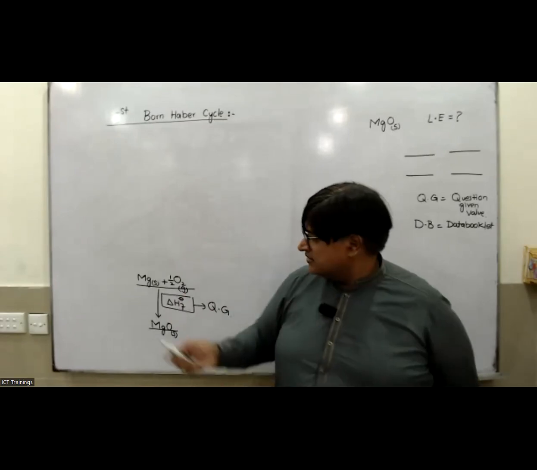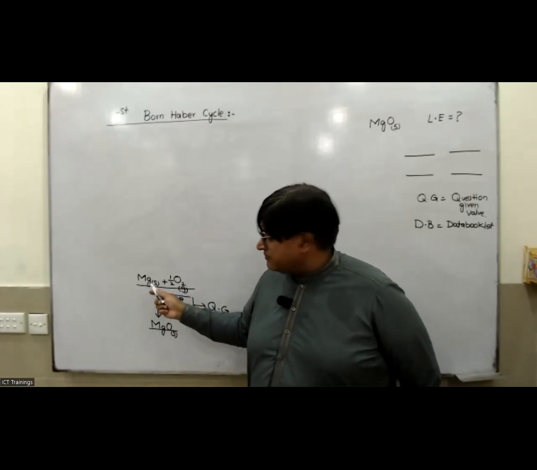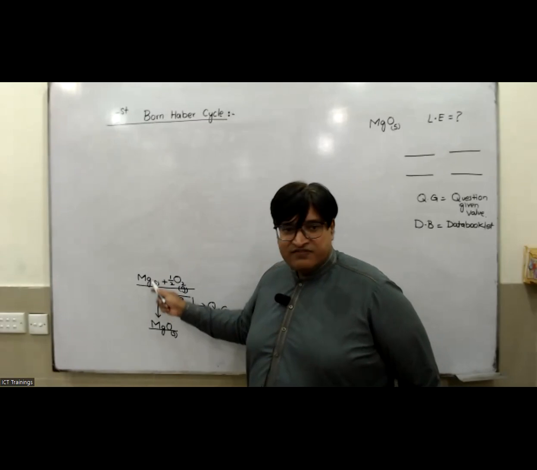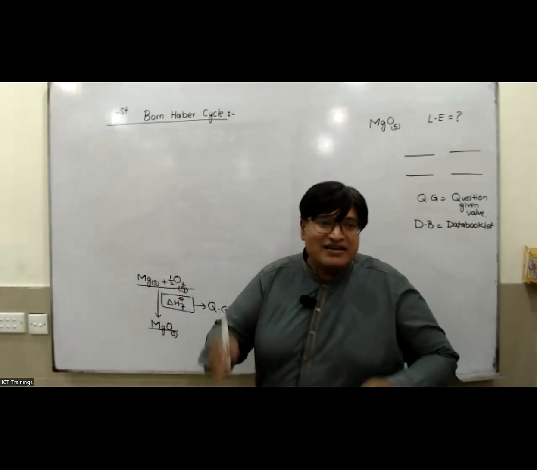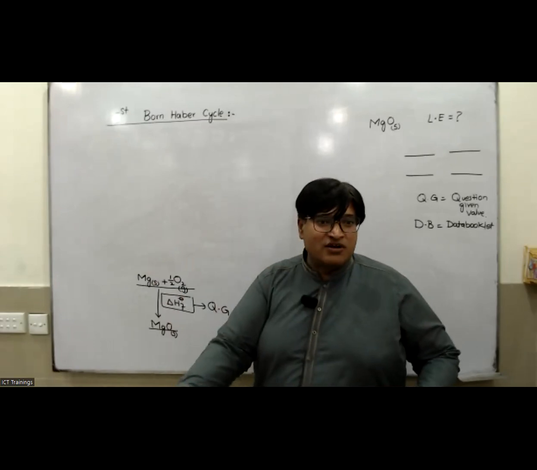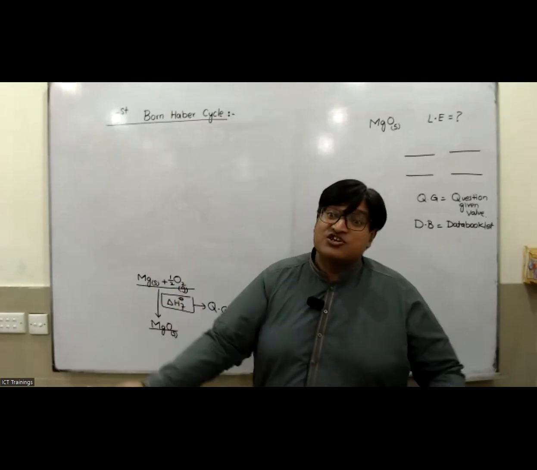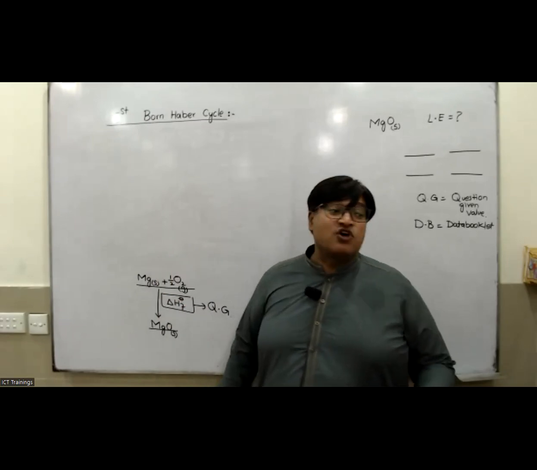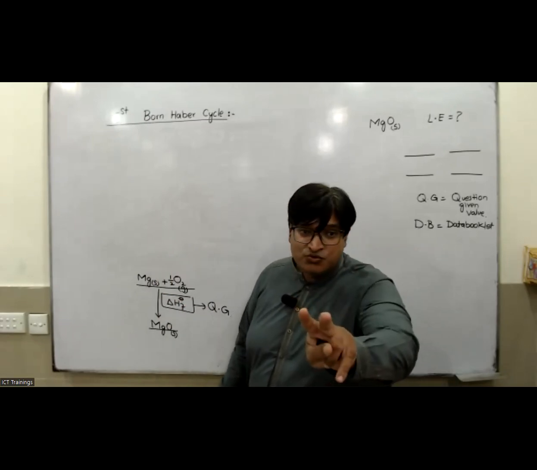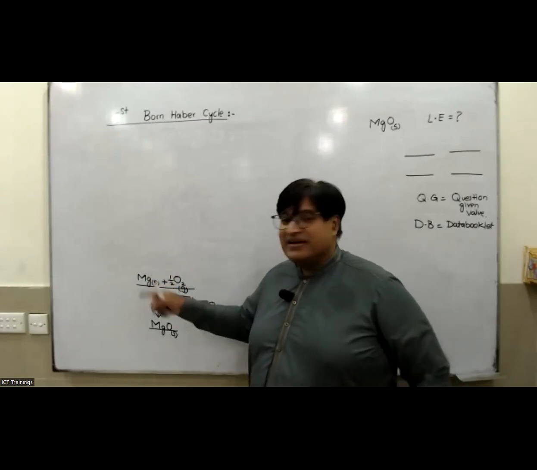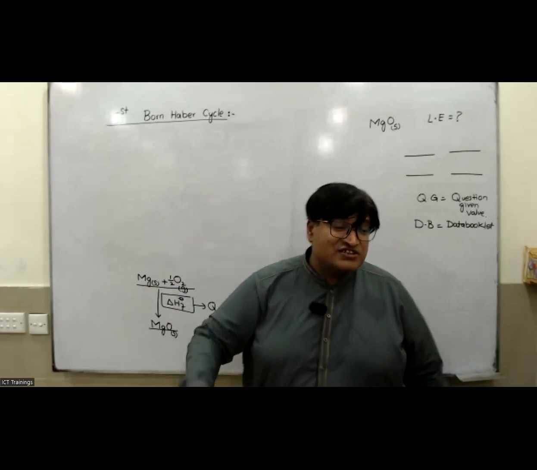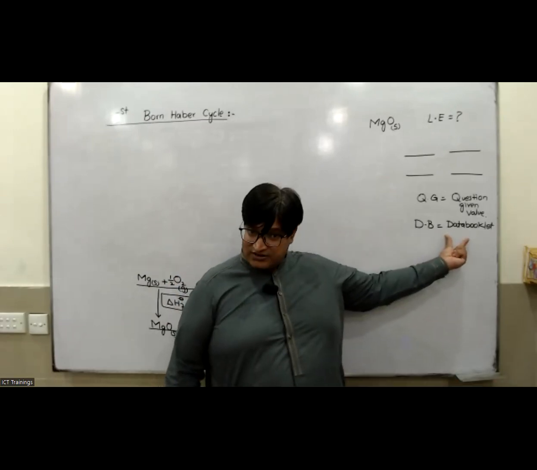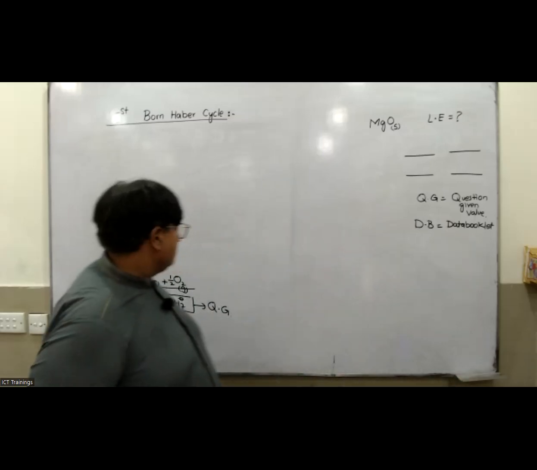The first process is atomization. This is solid; first make it gaseous. Then this is the metal. Metal has the tendency to lose electrons. It has the ionization energy. Magnesium has a maximum charge of +2, so it has two ionization energy values, and these values are present in the data booklet.